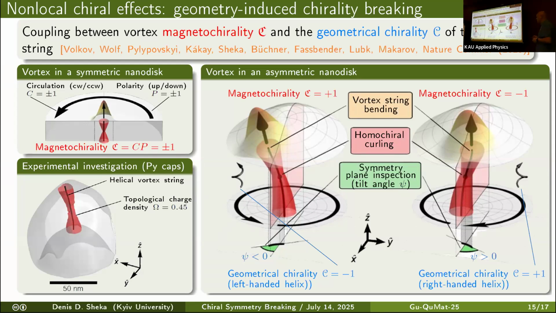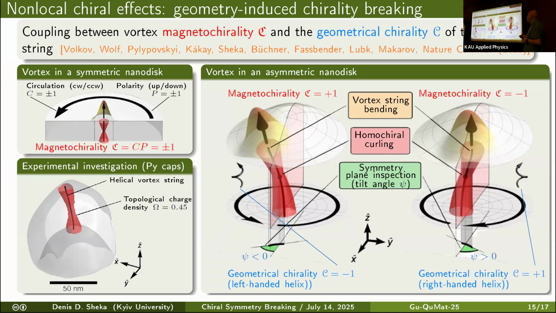To explain the idea, I start with a flat system, a vortex in a flat disk. The topological properties of the vortex are characterized by the vortex polarity, which is the direction of the magnetization in the vortex core, up or down. This direction of the magnetization in the core forms a vertical vortex string.